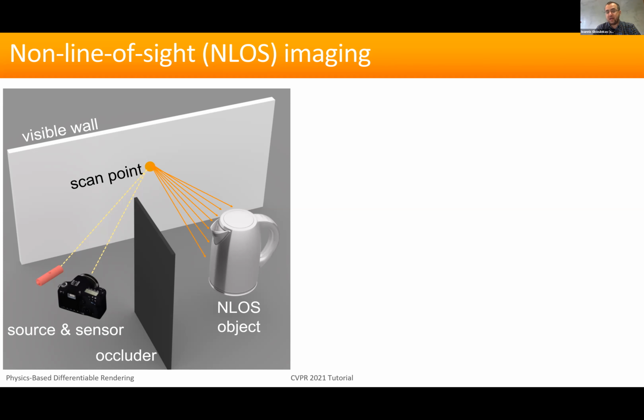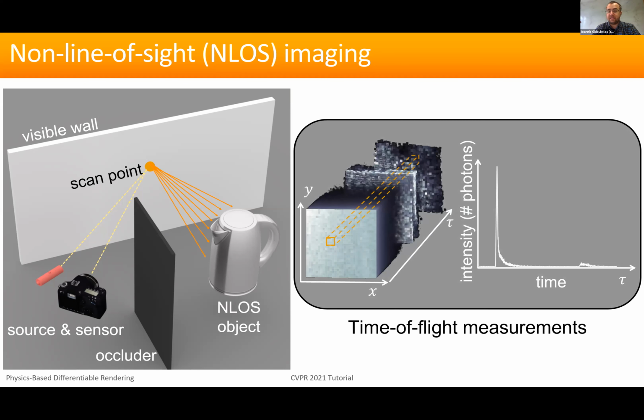And not only that, another reason to use ray tracing-based differentiable renderers here comes from the fact that typically this problem is a lot easier to solve by using time-of-flight measurements. And the idea here is that when we use time-of-flight measurements, if we look at any specific point on the wall and capture a corresponding histogram of photon returns as a function of time, that histogram will end up having a couple of components.